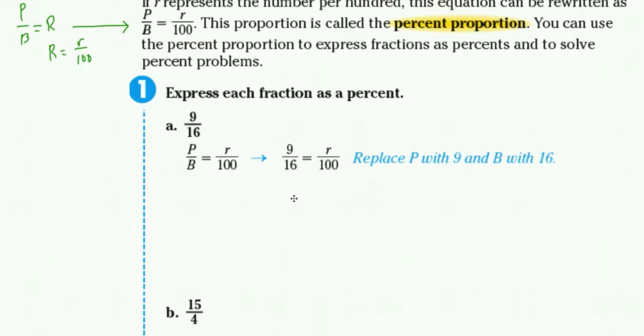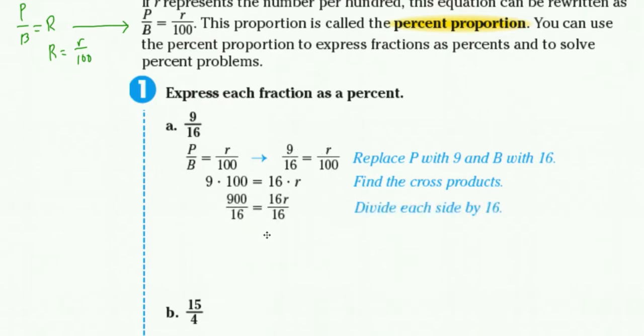Using cross products, we now have 9 times 100 equals 16r. Dividing both sides by 16, 900 divided by 16 will give us 56 and 1/4 for r. That means 9 over 16 is equivalent to 56 and 1/4%.